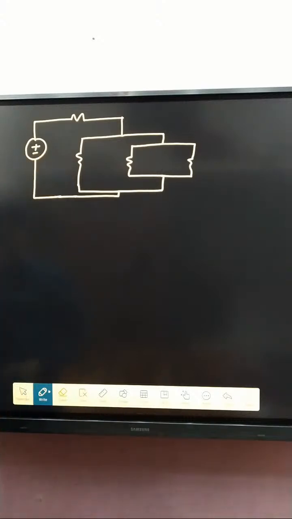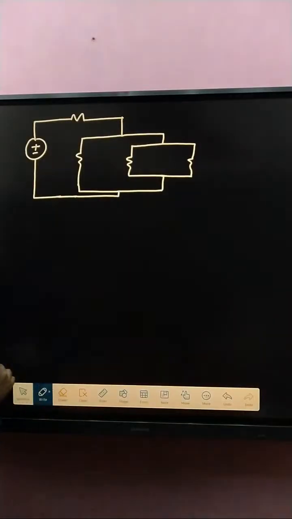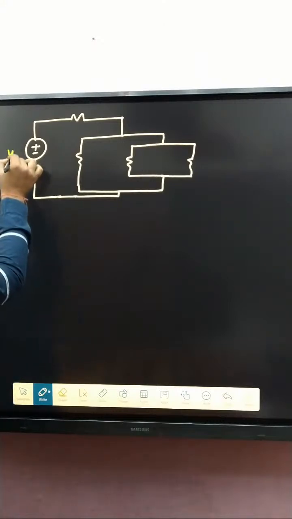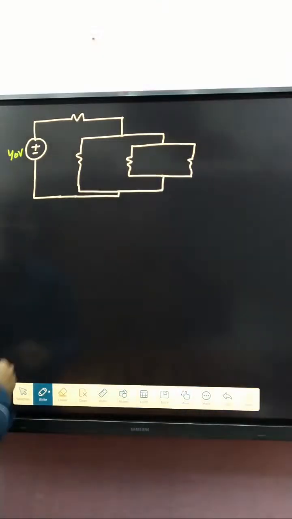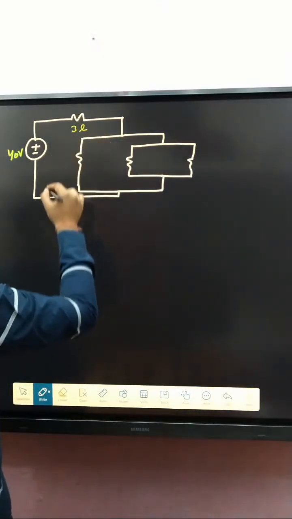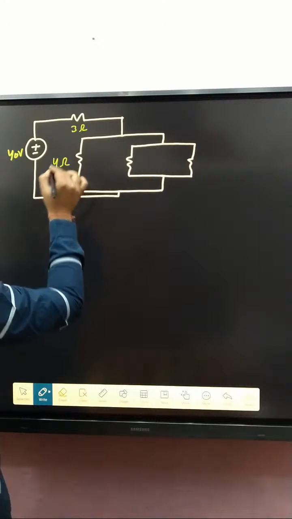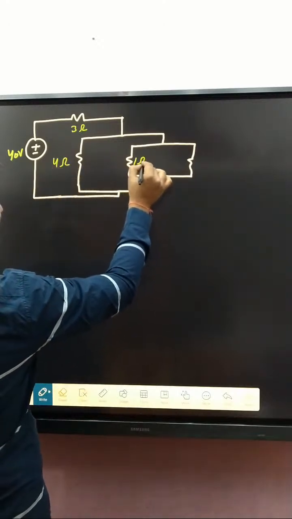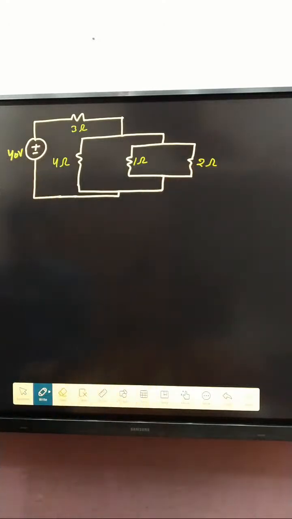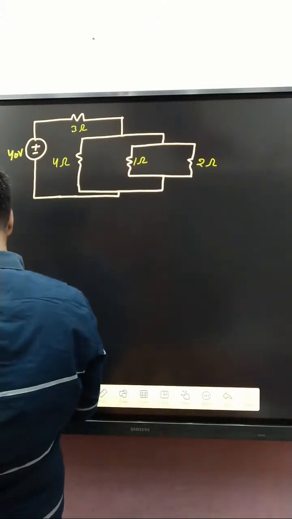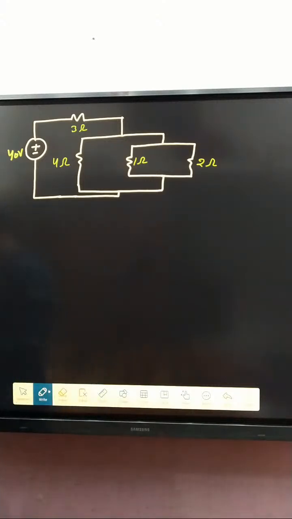Our motto is to determine current in all branches. That is a 40 volt source, and that one is 3 ohm, that is 4 ohm, that is 1 ohm, that is 2 ohm. Our motto is to determine current in all branches.